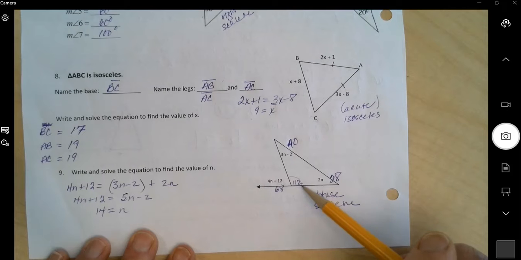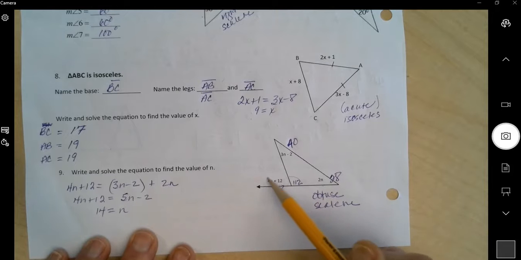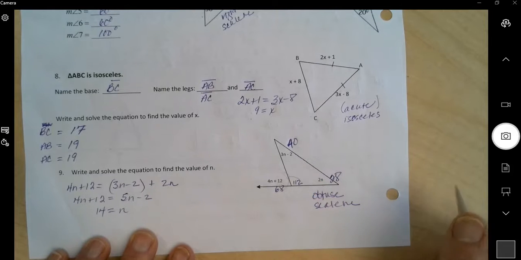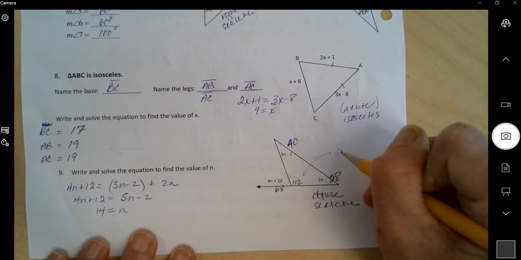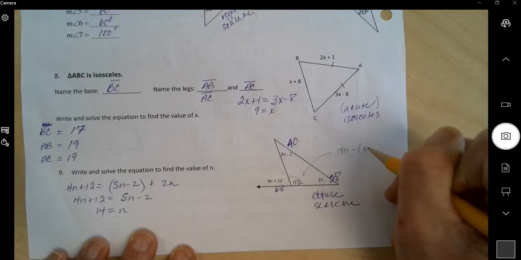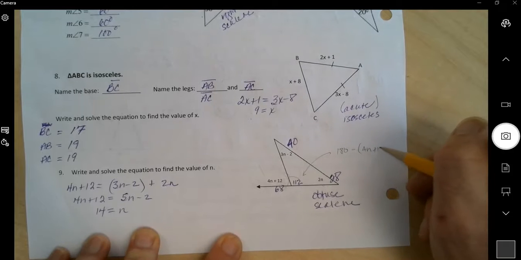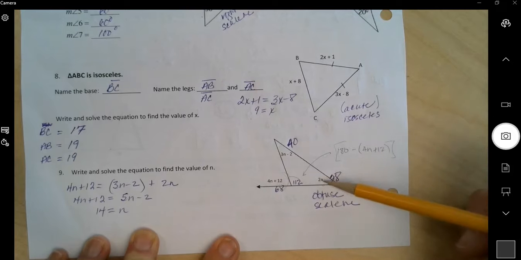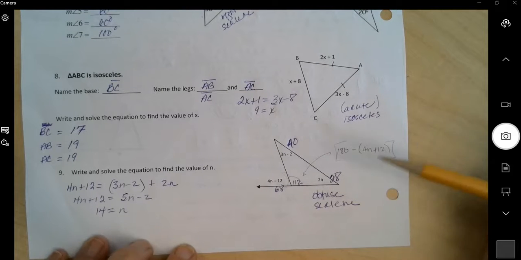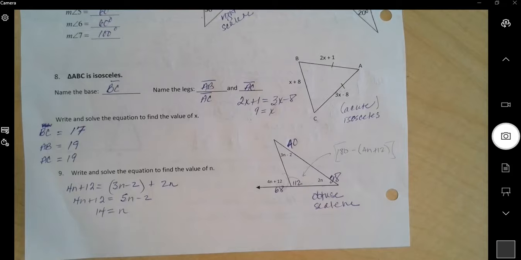Once I know this is 112, I know that this plus this equals 180, but I need to use this one to get it. You could have said that this angle is equal to 180 minus 4n plus 12, and then take this answer plus this to equal 180. Yeah, that's a lot of work. Did you get the right answer?